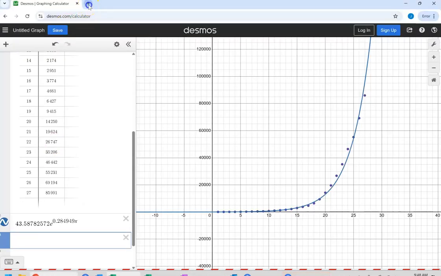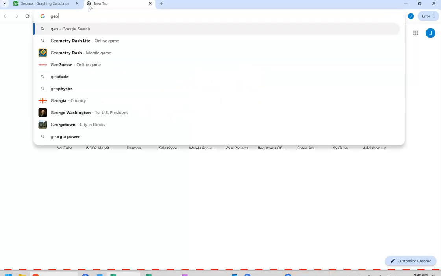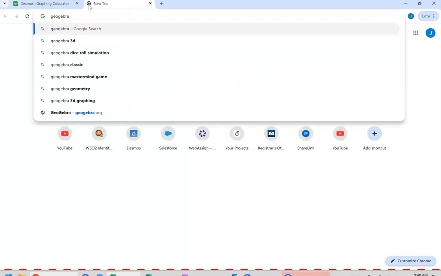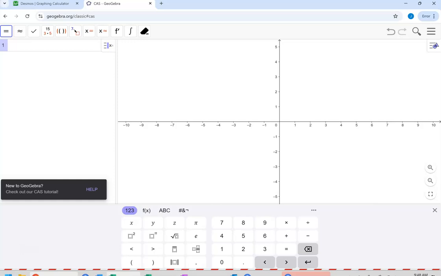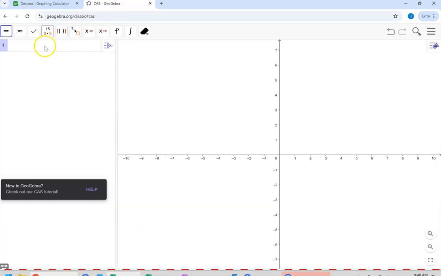I would go to something like GeoGebra because it's free. I would also switch this over to a computer algebra system just to help us out, because I want to try to do this in general if I can.